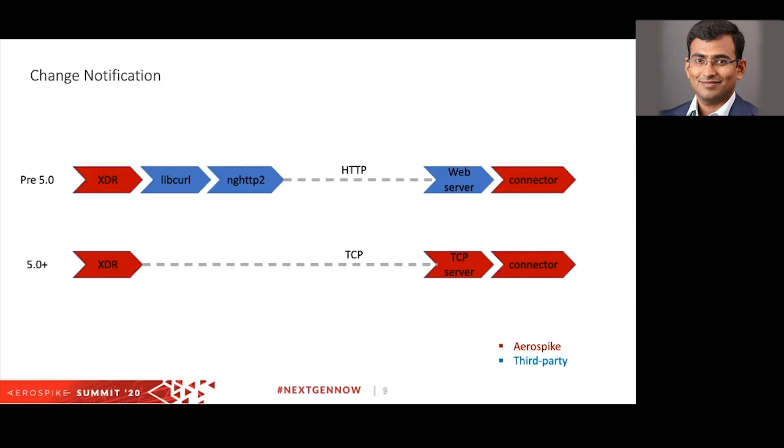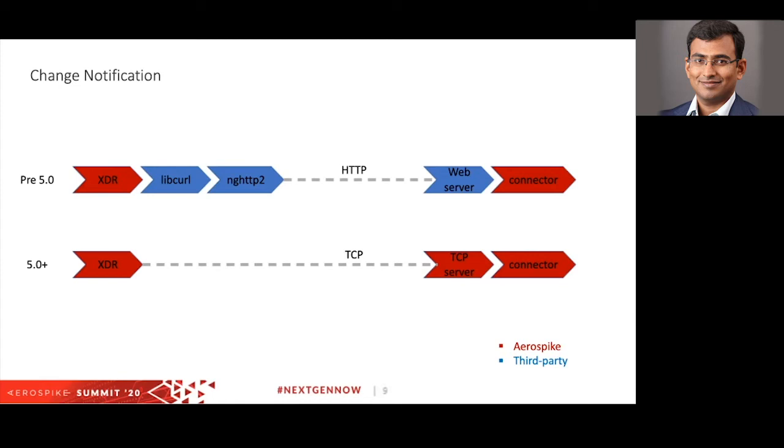On the receiving side also, we used to use a web server called Undertow and patch it so that it would ship further to Kafka, JMS, or Pulsar, whatever it is. Now XDR will directly talk to a brand new TCP-based server, written by Aerospike using Java. So you can be sure of the interoperability across platforms.